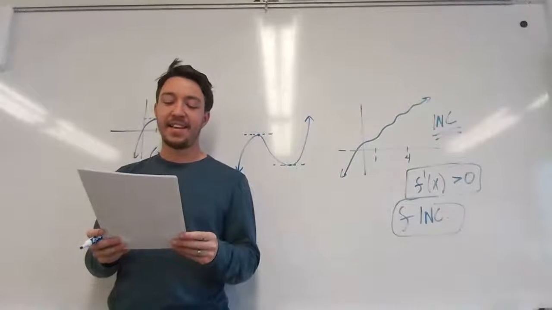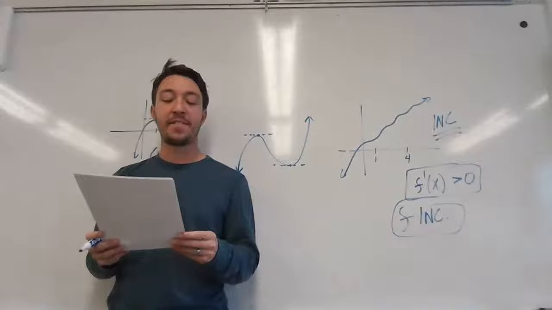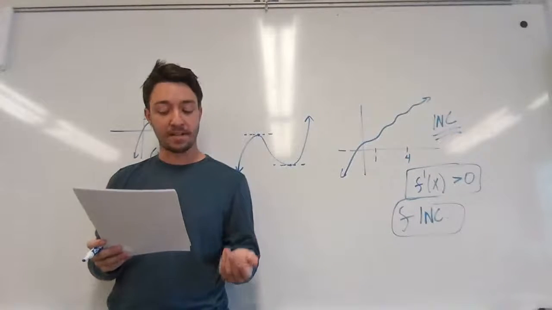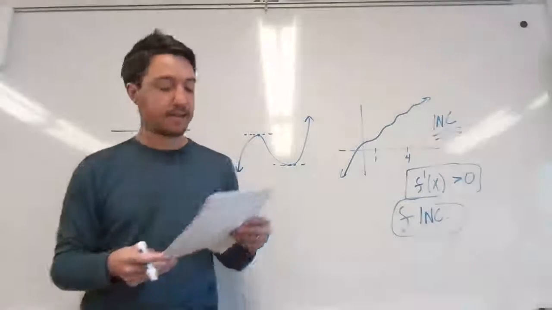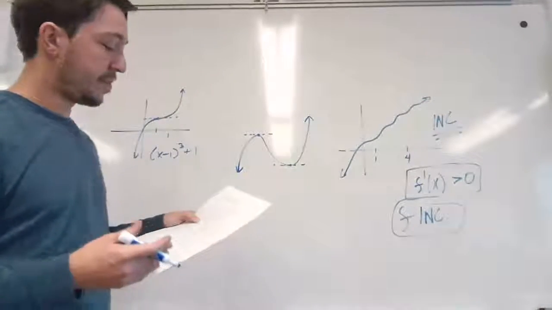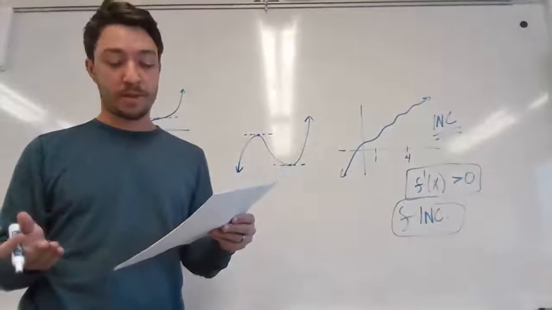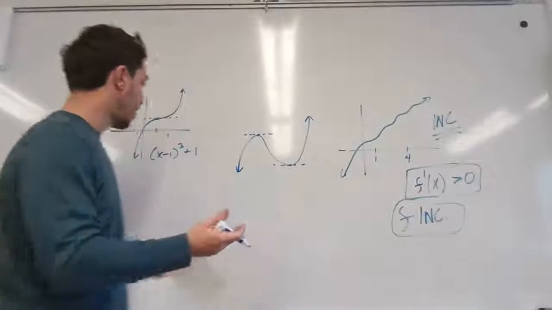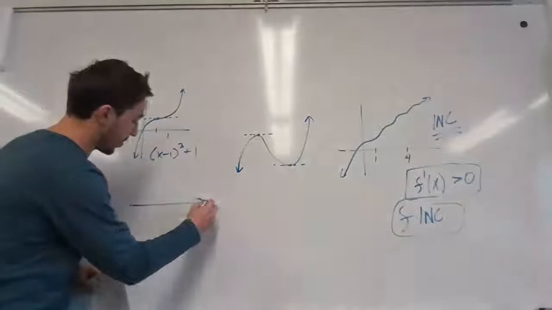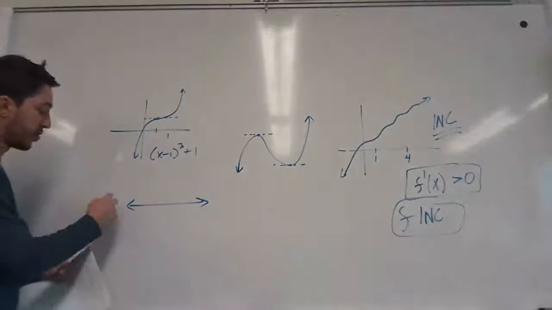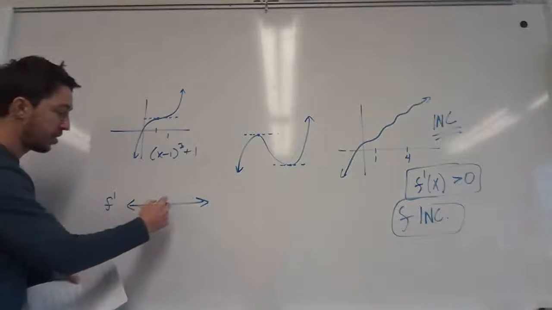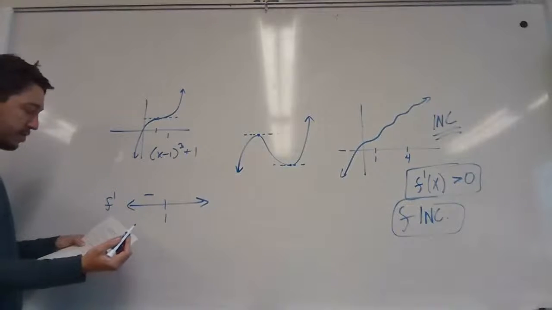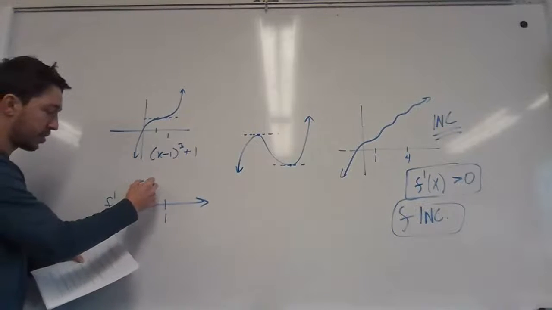Let's keep going. It says if f prime is negative for x values less than 1, and f prime is positive for x values greater than 1, then f must have a local min at 1. It helps to represent this visually. If I drew my f prime number line, then to the left of 1, I have a negative derivative, so I'm decreasing.